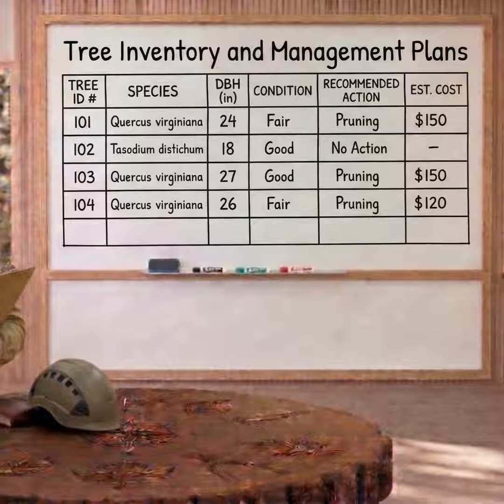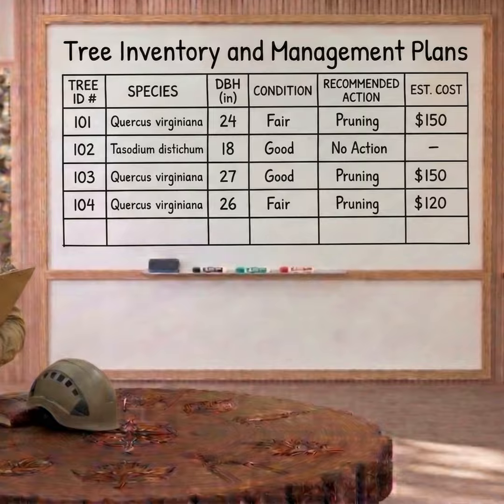Modern inventories often rely on tools like Global Positioning System technology, or GPS, which allows arborists to map tree locations with precision. Those spatial coordinates can then be imported into a Geographic Information System, or GIS, which allows arborists and planners to visualize and analyze the urban forest across an entire landscape.